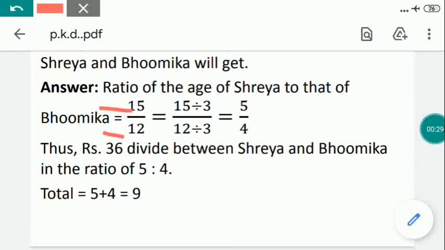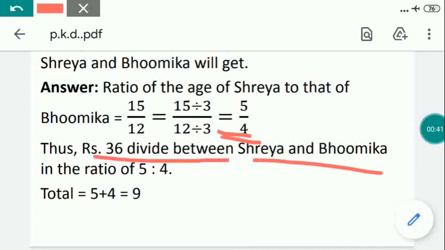So 15 upon 12, dividing by 3, is equal to 5/4. So rupees 36 is divided between Shreya and Bhumika in the ratio 5:4. So total parts of that ratio is 5 plus 4 is equal to 9.